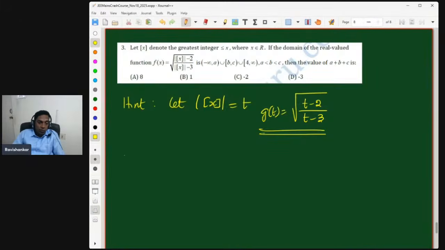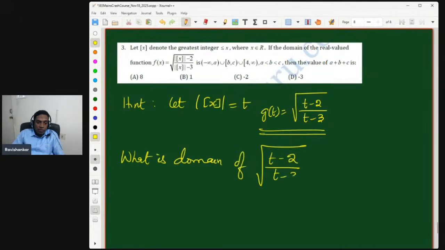So what is the domain of root of t minus 2 by t minus 3? See, this you have to be very careful. So t minus 2 by t minus 3 must be greater than or equal to 0, because whatever is inside the root must be greater than or equal to 0.